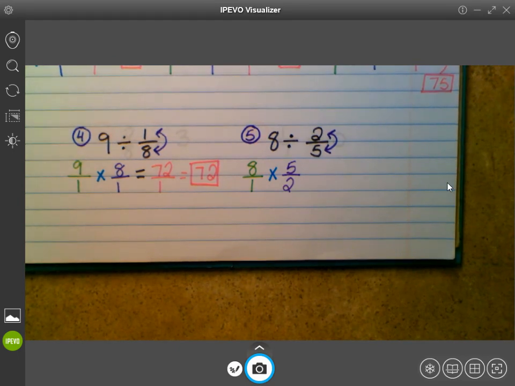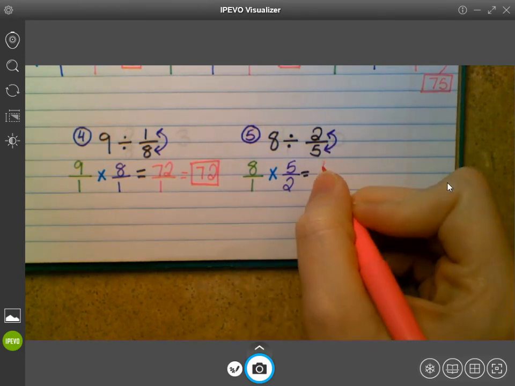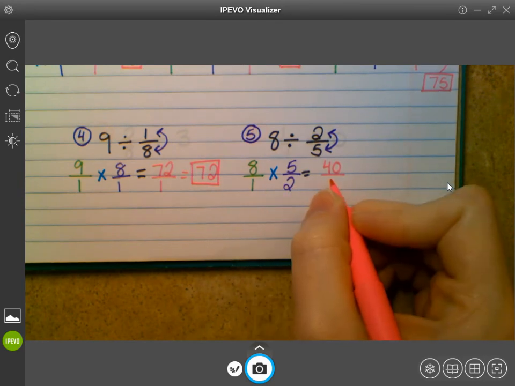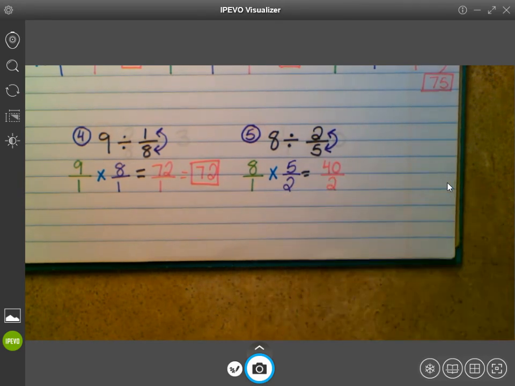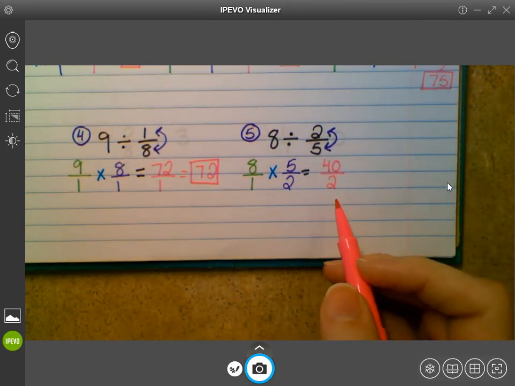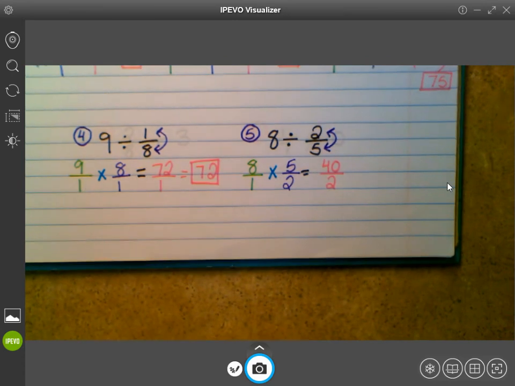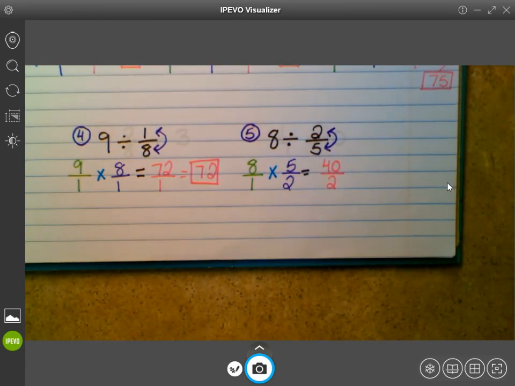So then when I do this, I multiply my numerators. So 8 times 5 is 40. Then I have 1 times 2, which is 2. Can I simplify this? Yes. Now, 5th grade, this is why we started off yesterday by practicing recognizing fractions as division problems.